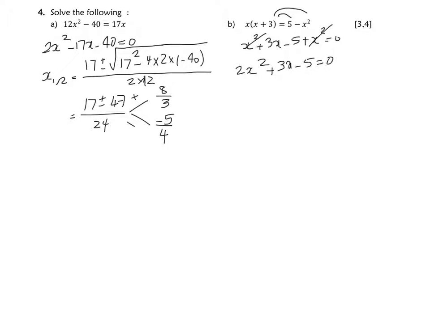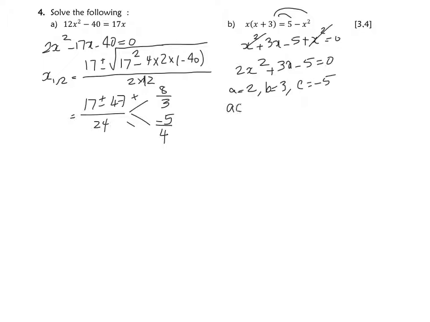Again, we can either use the quadratic formula or we can use factoring. In this case, I can try to see if I can use the decomposition method. A is 2, B is 3, and C is negative 5.